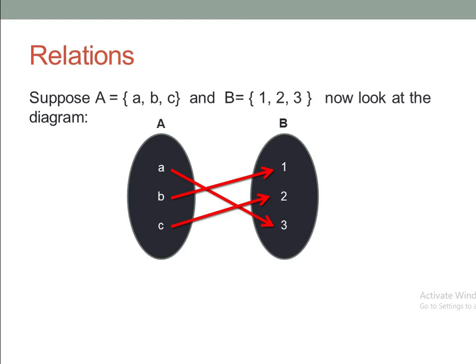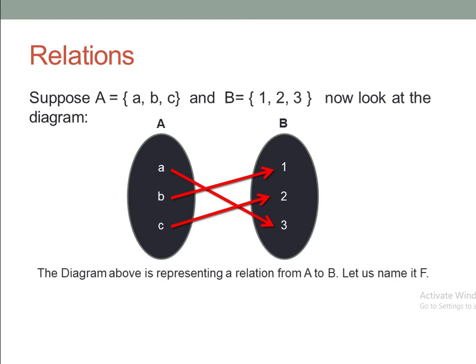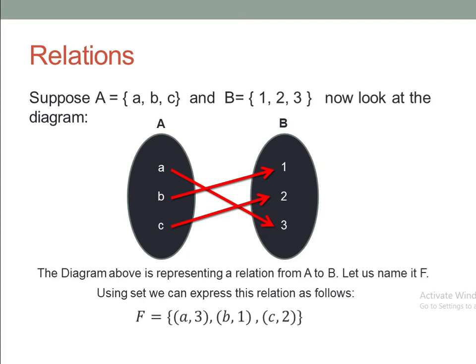Now this diagram is representing a relation from A to B such that a is related to 3, b is related to 1, c is related to 2. Let us name this relation F. Using the set, we can express this relation as follows. F is equal to {a3, b1, c2}.